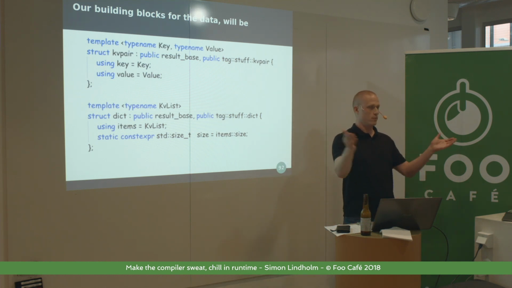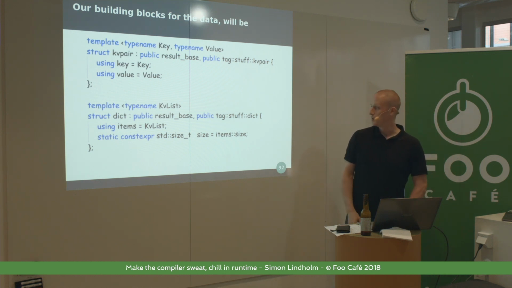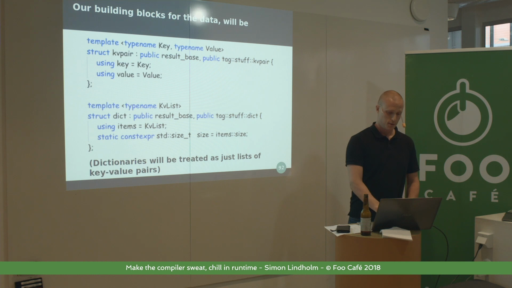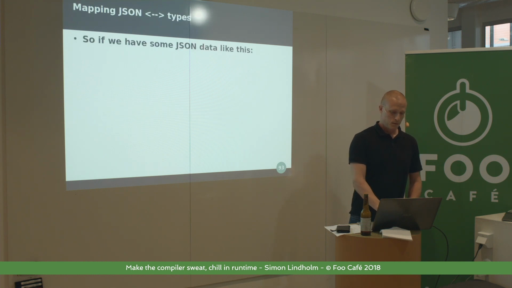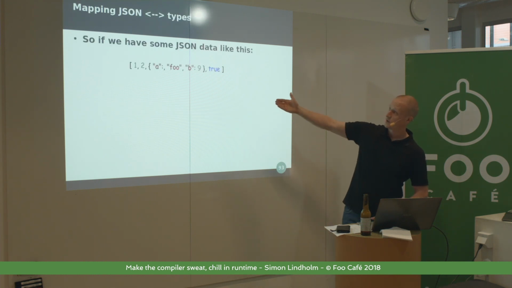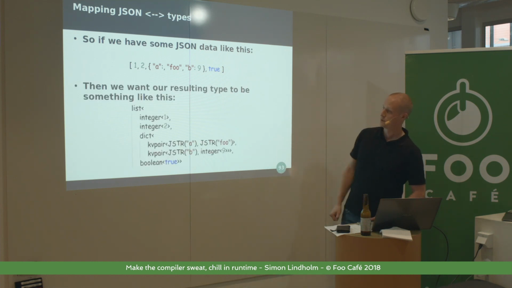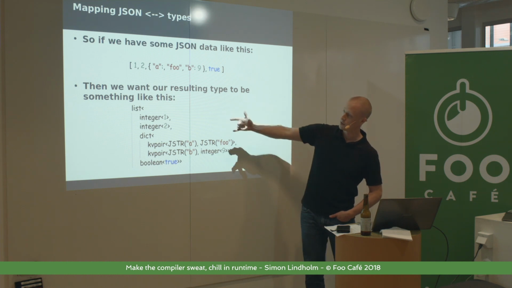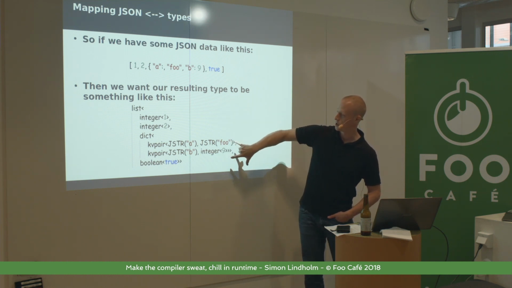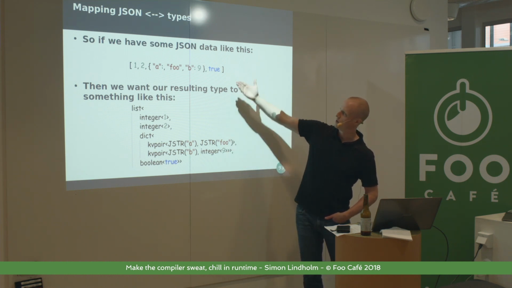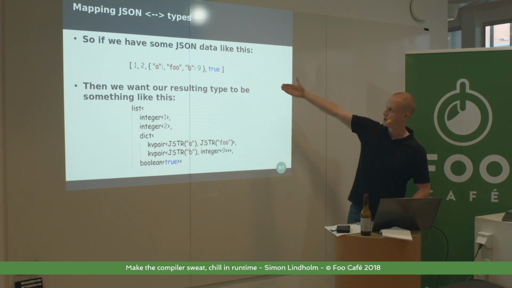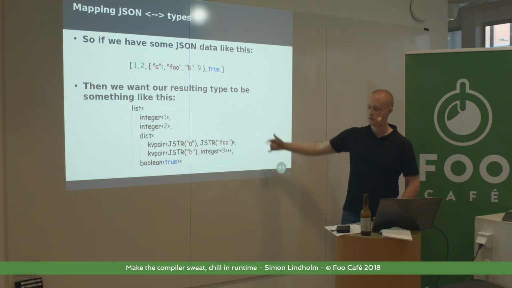So lookups for big dictionaries aren't very fast, but it's simpler than, I don't know, a tree. So if we have some JSON data that looks like this, what we would like out of it is this instead: a list of two integers, a dictionary, and the boolean value true. So basically, we have this in, and we want this out.